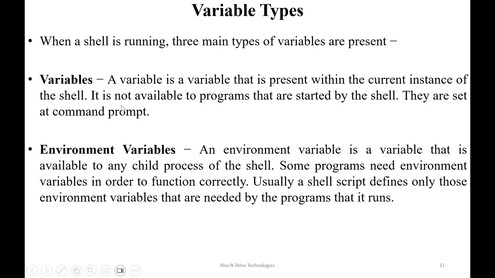But normal variables have script scope. Within the script you can use them, but not outside of the script. Once the script is executed, those variables are gone. But environment variables are set at the user level, so however many scripts you execute, if you need that variable in all of them, you can use the environment variable.